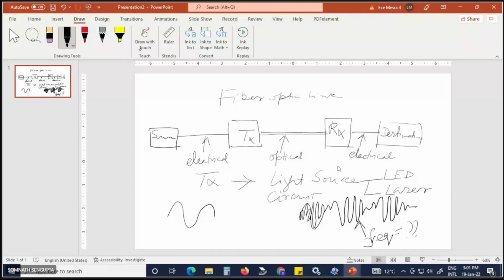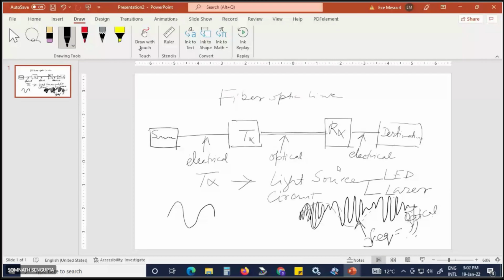This message signal frequency is this one, that is the envelope. I am talking about the inner signal, the inner waveform. What is the frequency of this? Sir, the frequency of the optical wave. Yes, the frequency of light. That is the optical frequency.